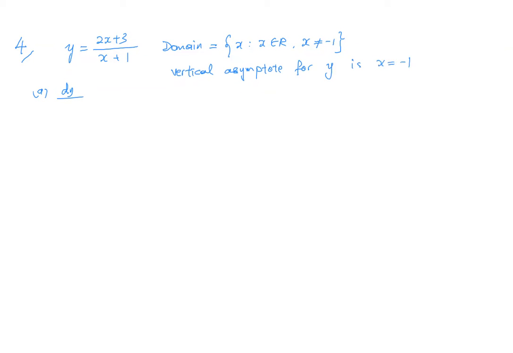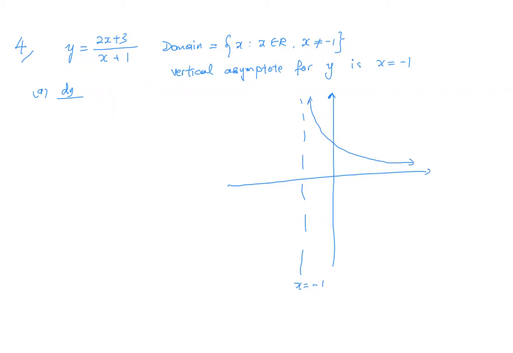That's why the graph looks like that. Am I right? They put a vertical asymptote there, x equal to -1. The graph looks like this. There are two parts. Right? Okay. Then they say, find the dy/dx. So x plus 1 times 2, am I doing the right thing?